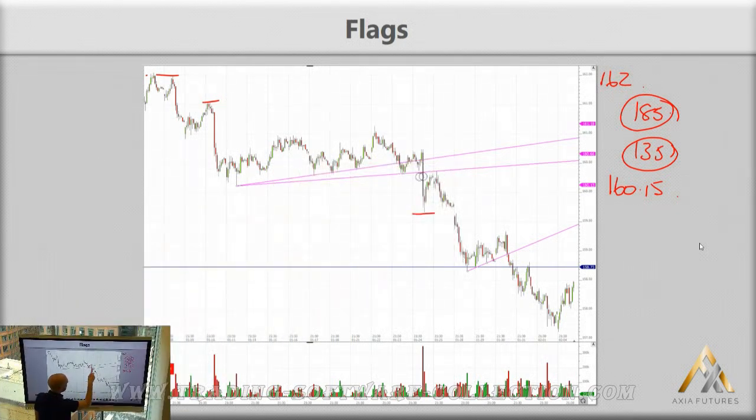Target from here on this break is 35, so your next target really should be, if you're going with a 135 ticker, it should be 159, so just there. If you're going for the 185, it should be down here. And at both points, you do get a very small bounce. Sorry, you probably can't see that too clear, but on both targets you do get a little bit of a bounce.